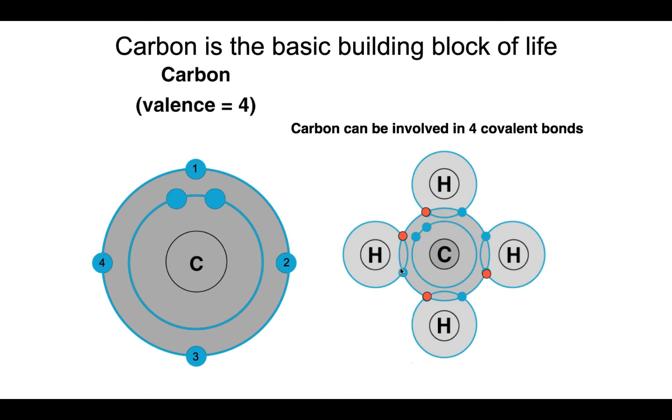Each pair of electrons is a covalent bond between carbon and a hydrogen. What that means is carbons can have up to 4 covalent bonds with 4 different atoms. And that gives carbon the ability to be involved in lots of different structures.